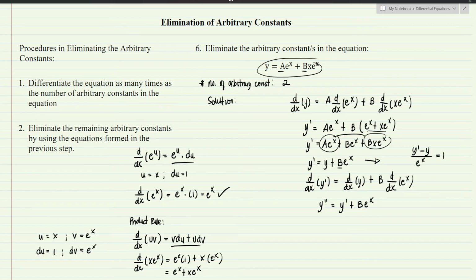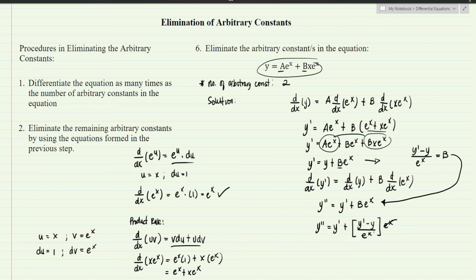So this would be my b. So I would use this equation in our second derivative. So I would have here y double prime equals y prime plus, so my b would be equal to y prime minus y over e raised to x multiplied by e raised to x.